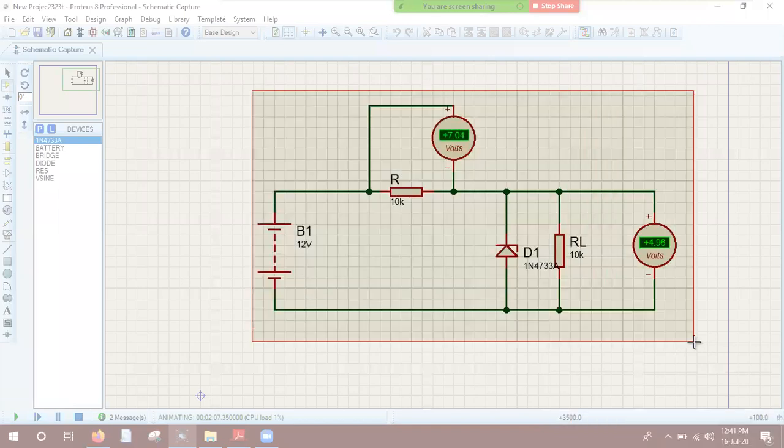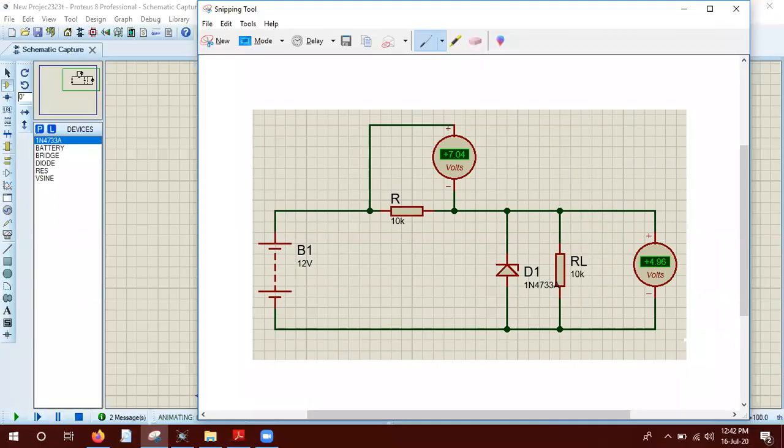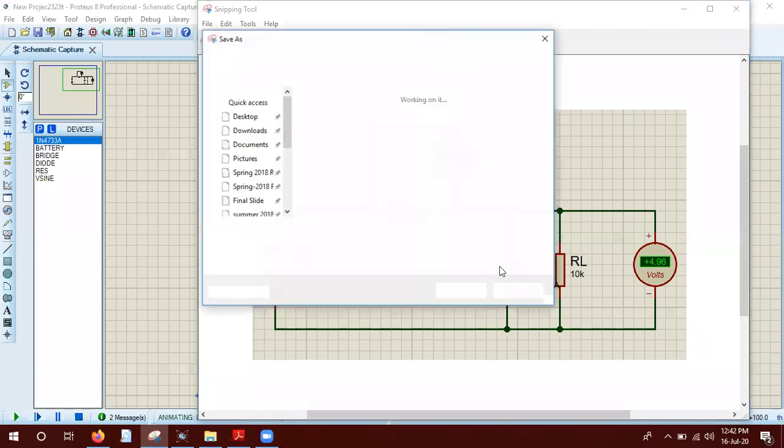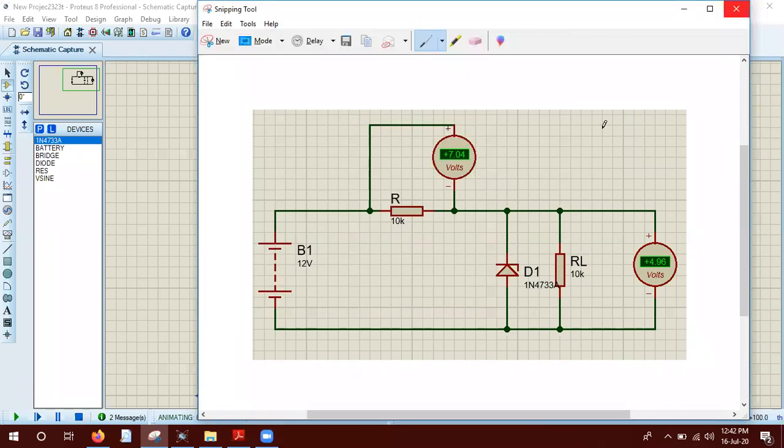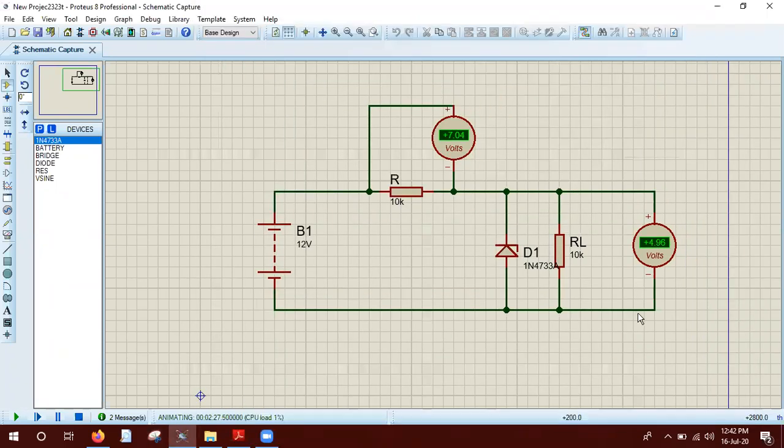That means the maximum current that is allowed across the Zener diode. So that is the important factor. You can also take that. Let me save that. Okay, got it. Let me remove everything.